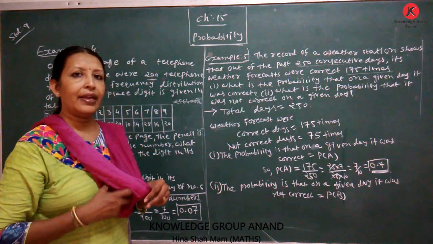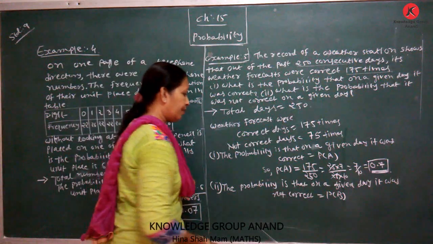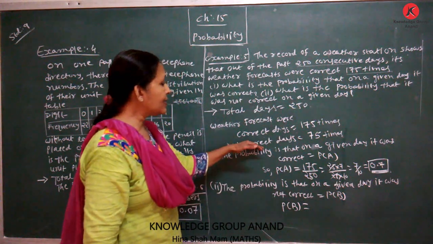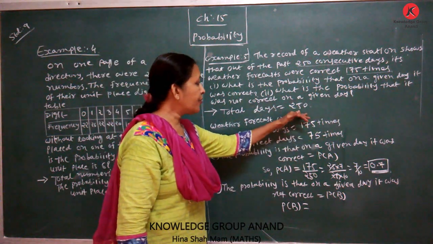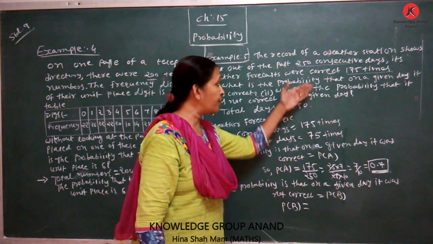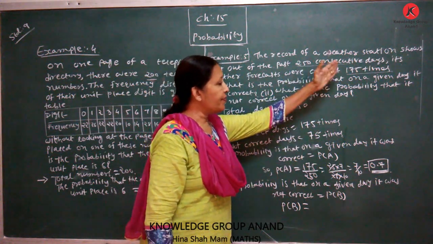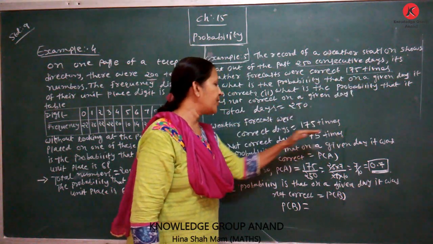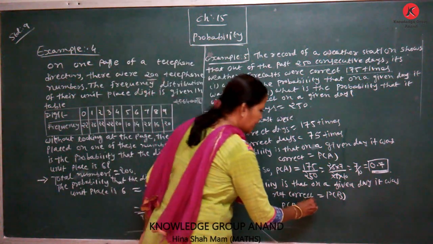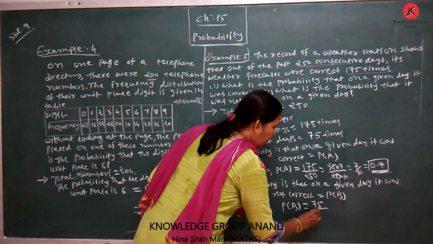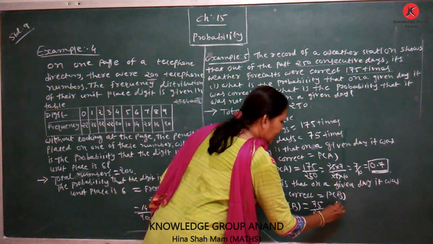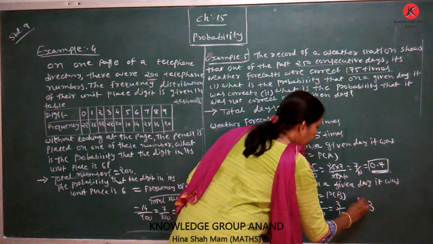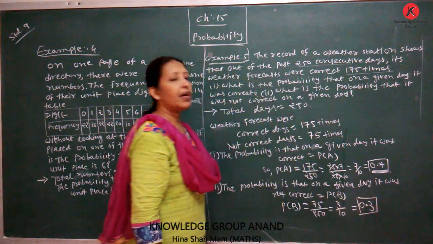Probability that means P and event is PB. PB is equals to not correct days, which is 250 minus 175. It is not given, but we find that 250 total days, 175 correct days. Therefore, 75 not correct days is equals to 75 upon 250, which is equals to 0.3, which is our answer.